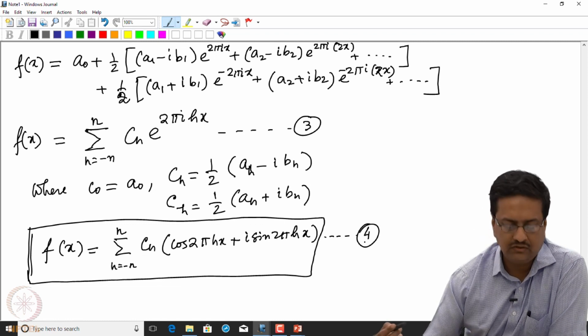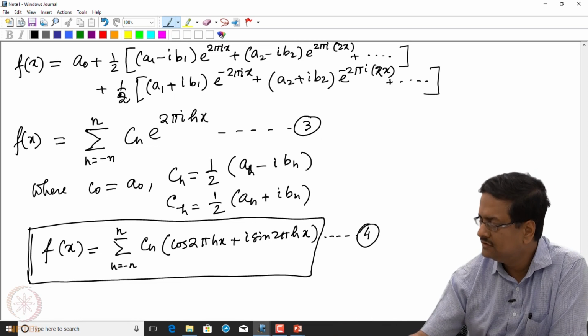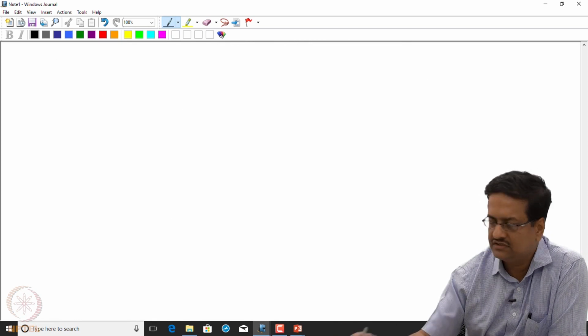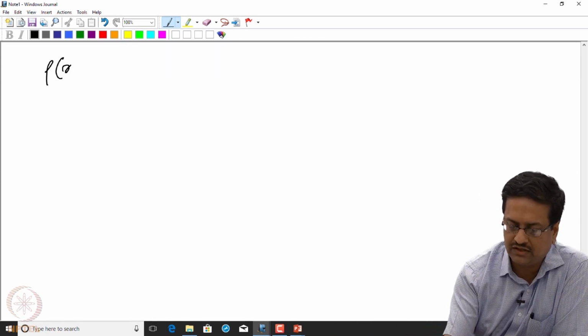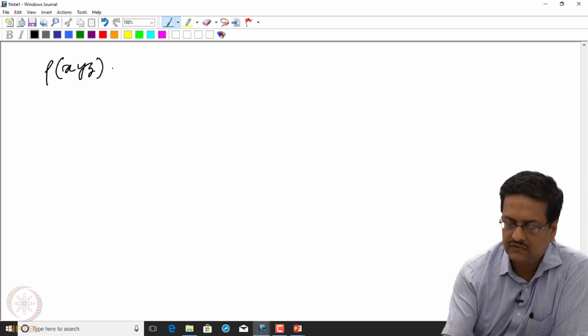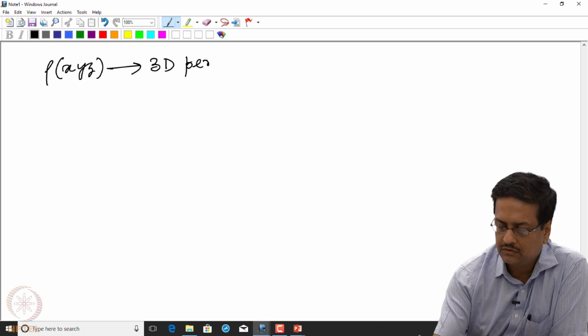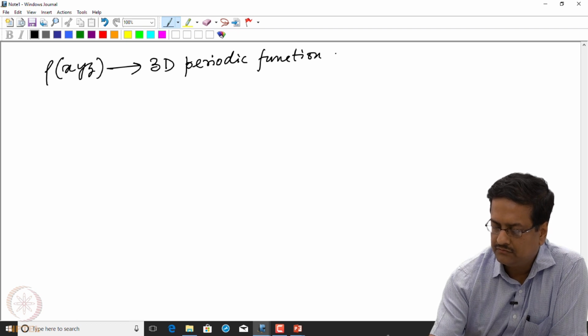So what we know is that the electron density, which is rho(xyz), is a three-dimensional periodic function for crystals.